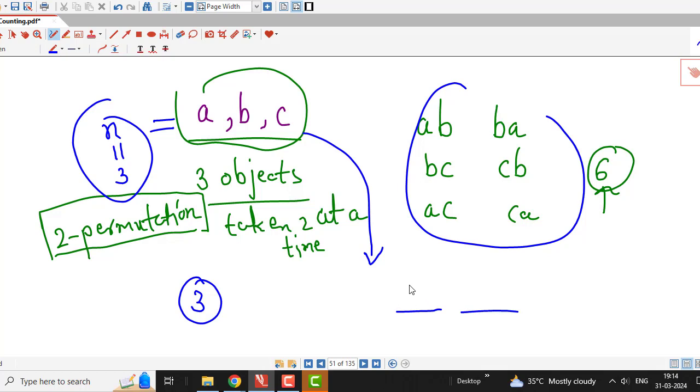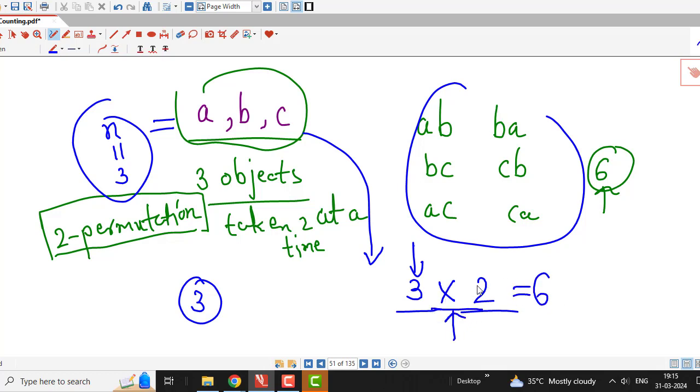For the first position, because we have three objects, we have three possibilities. I can write either A, B or C. For the second position, because repetition is not allowed, I cannot use the object which I have written in the first position. So here I have 2. So that is 3 into 2 equal to 6.